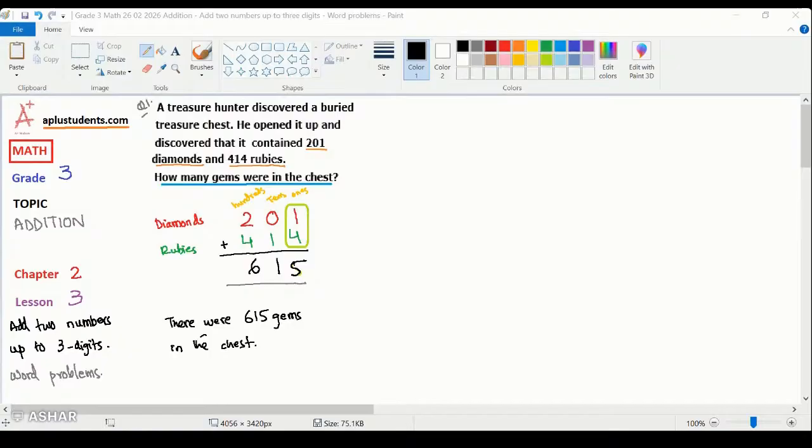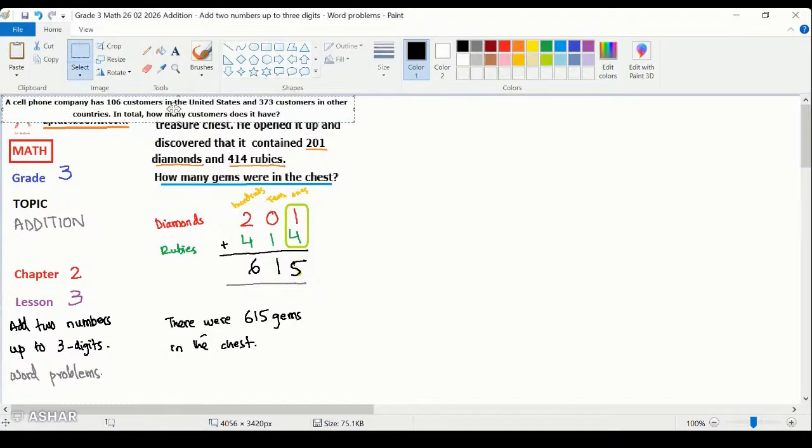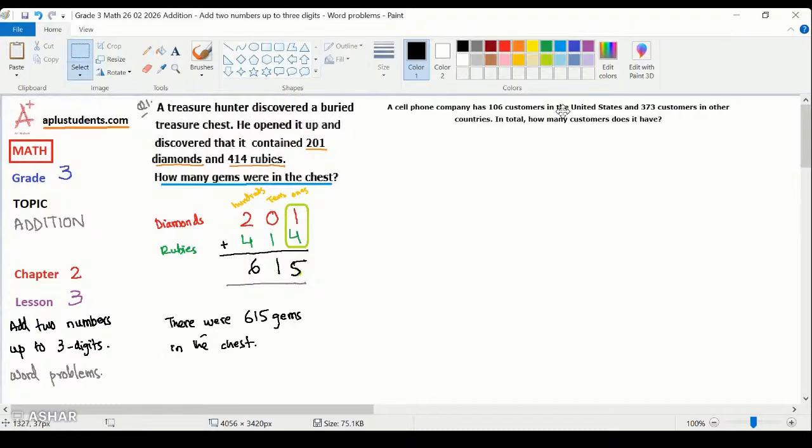Let's have a look at another example. The next question says a cell phone company has a number of customers.